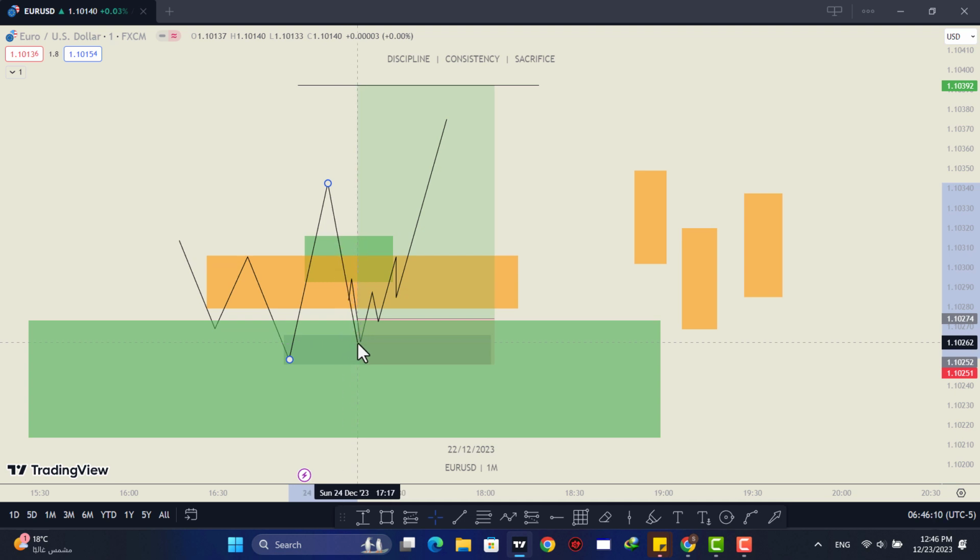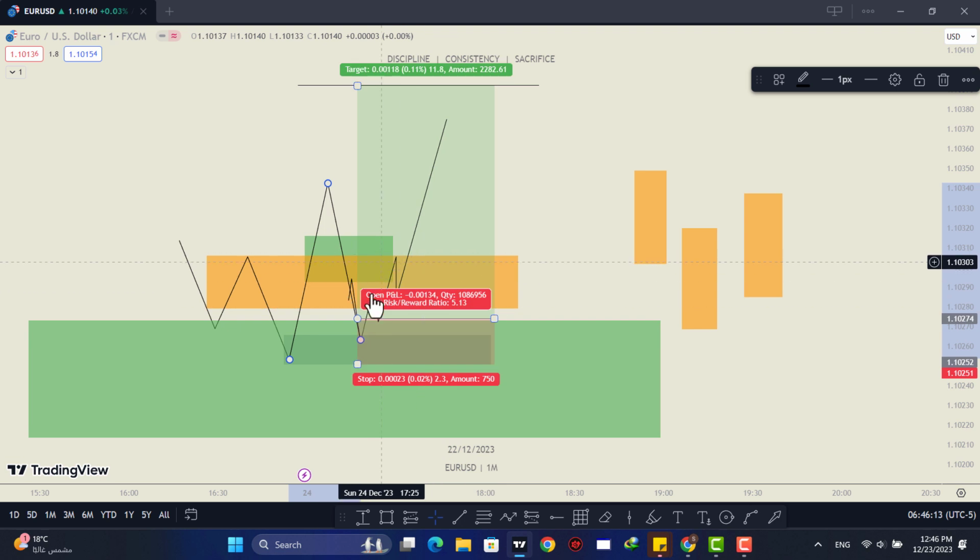So this is a mechanical way to execute, right? So you are waiting for that swing to form.